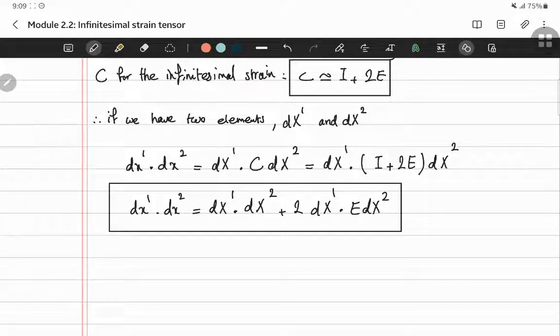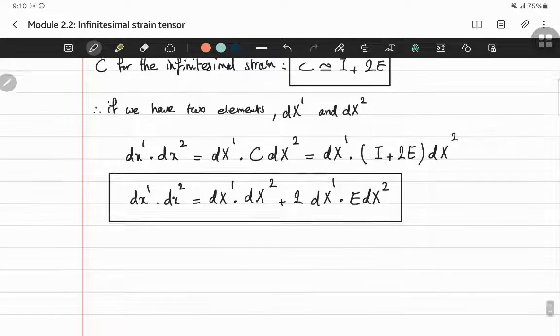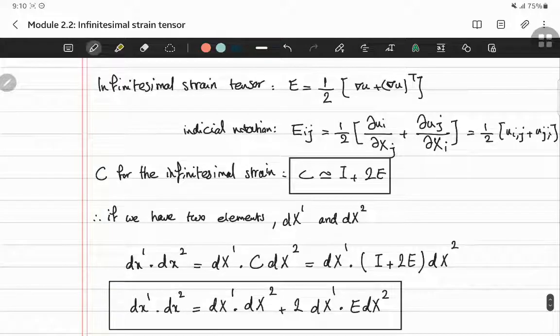So we basically created a relationship between the deformed or the current configuration and the reference configuration using the infinitesimal strain tensor. And as I already mentioned, it is a second order tensor.